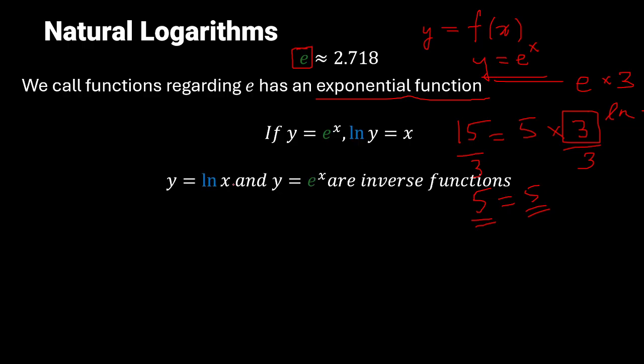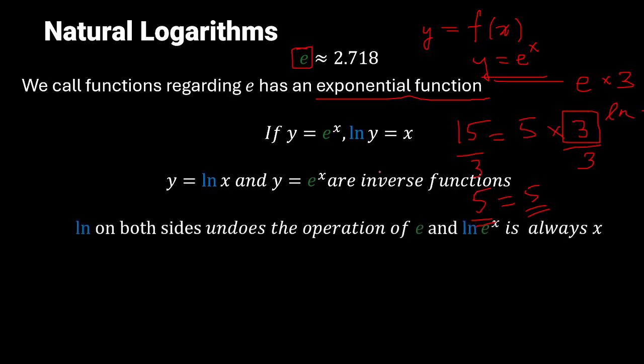So y equals ln x and y equals e to the power x are inverse functions, meaning that if you perform e and then you perform ln, you're going to get no change. And if you perform ln and then you perform e, you're still going to get no change because they are inverses.